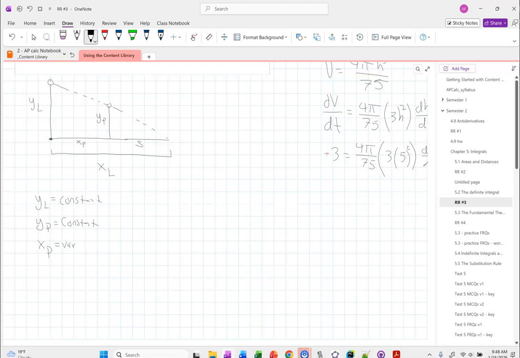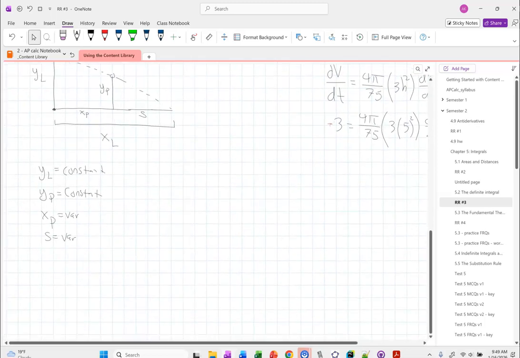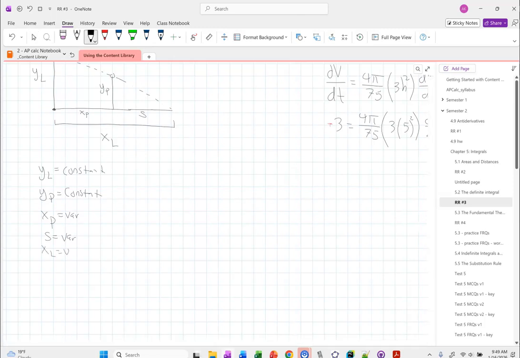It's going to be smaller. Everybody agree with that? And then the xl, I don't think it matters, but I think that's variable. So since these are all variables, they're all going to create a rate variable.